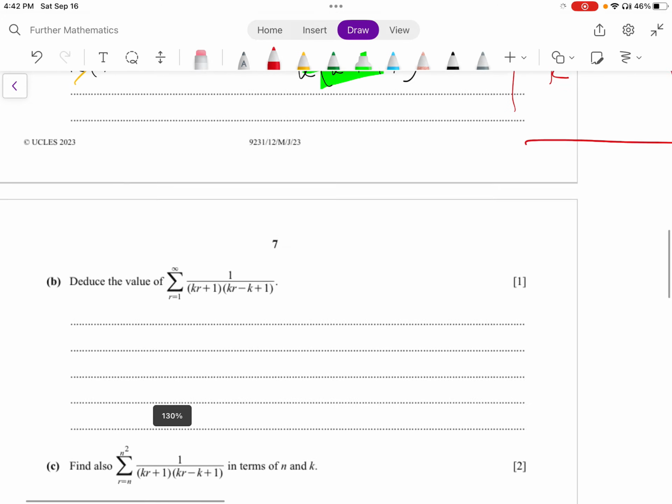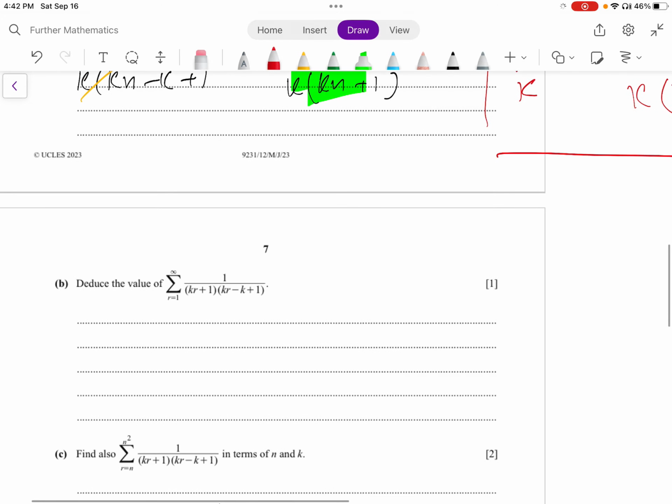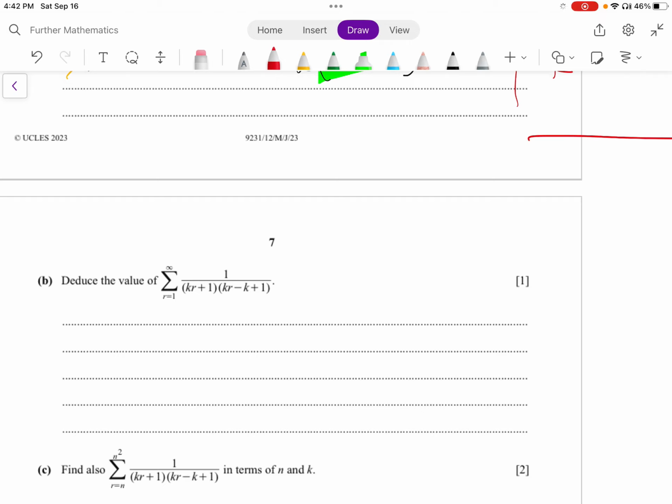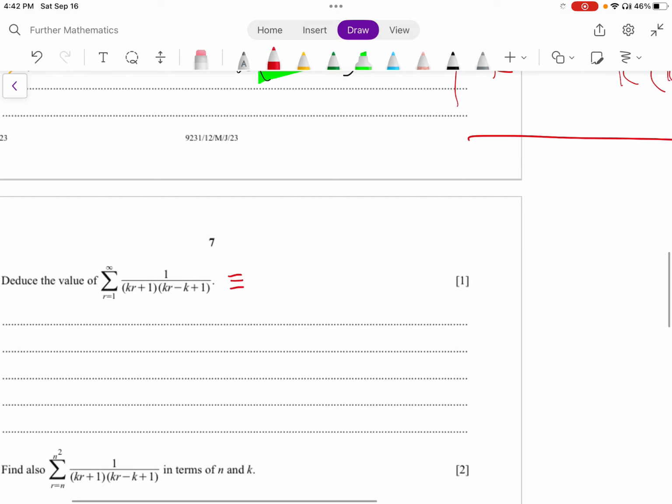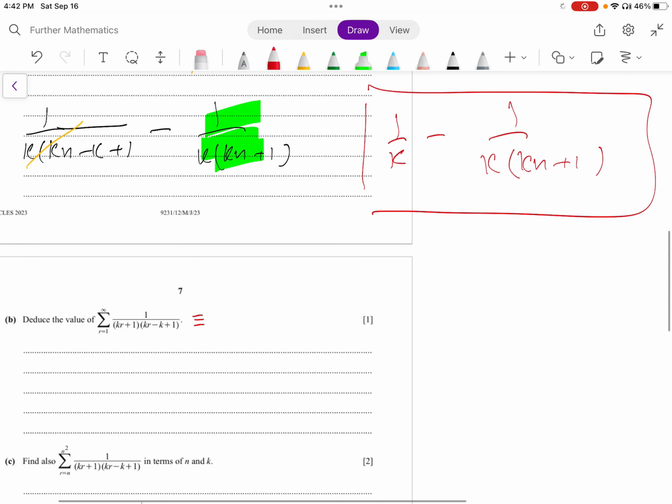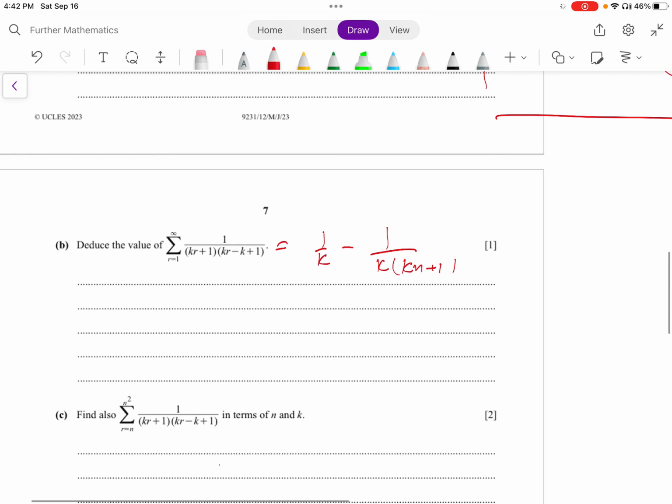Now in the second part, you have to deduce the sum when r is from 1 to infinity. We know that this sum is equal to 1 over k minus 1 over k times (kn plus 1). Before we plug in n equals infinity, we have to check whether we can compute the value.